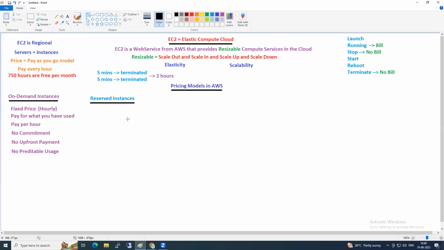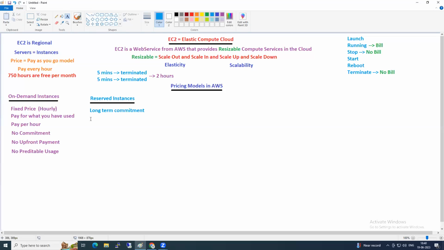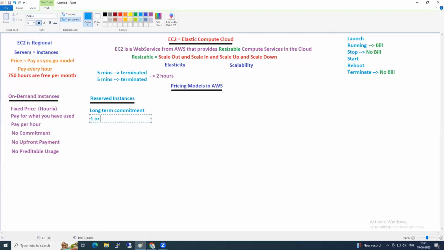So this customer will say, no problem, I'll commit. So AWS will ask for 1 to 3 years commitment. How many years commitment? 1 to 3 years. So can I say long-term commitment? Long-term commitment. And what is the commitment period? 1 or 3 years. It's like a bond.